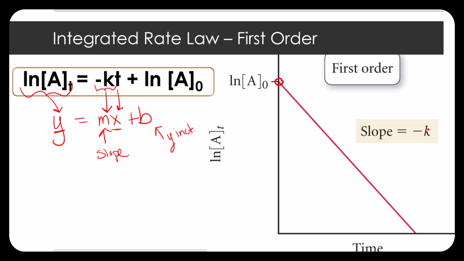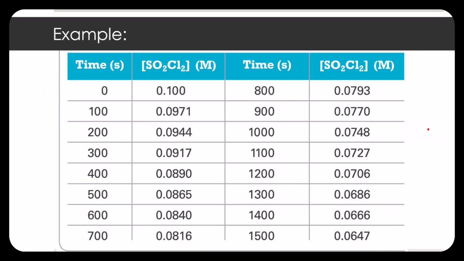So let's say you had a reaction and you didn't know what order it was, but you did an experiment. So every 100 seconds, you took the concentration of the reactant. Okay, so at time equals 0, it was 1 molar. After 400 seconds, it was 0.089 molar.